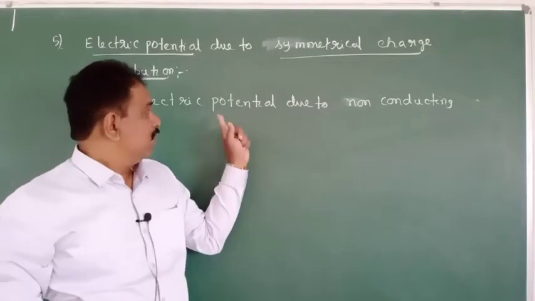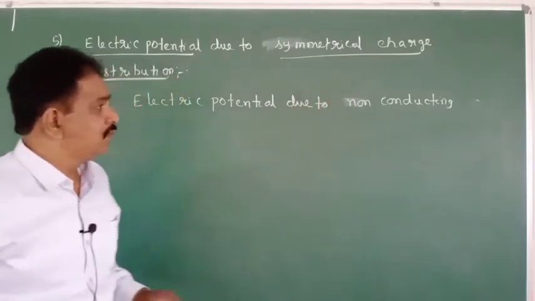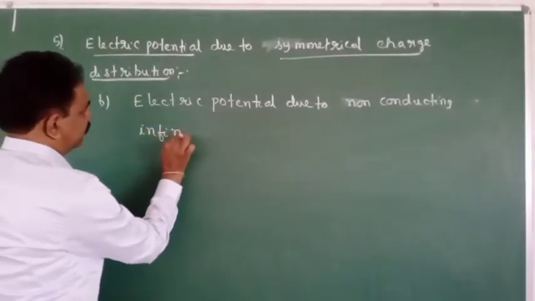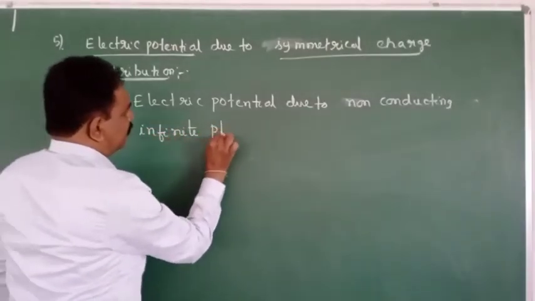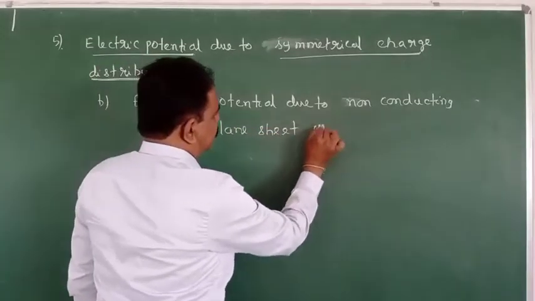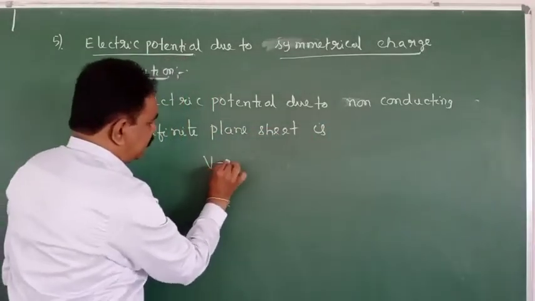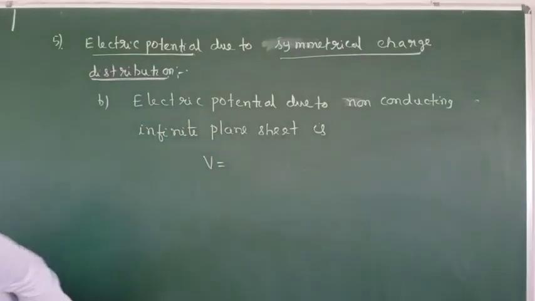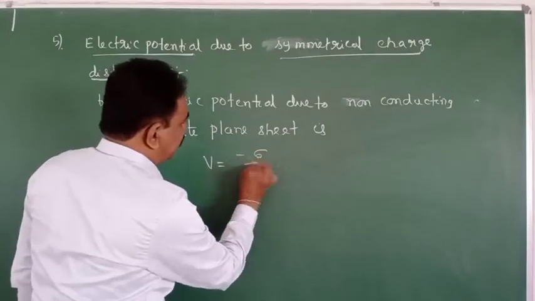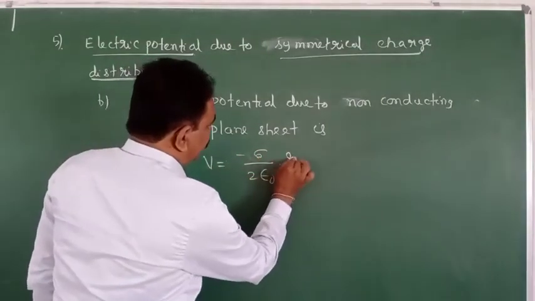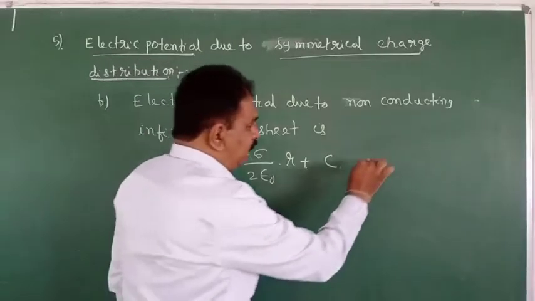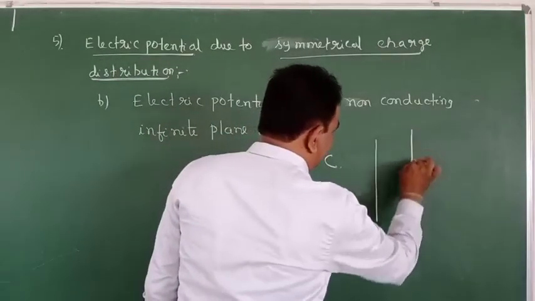Remember, electric potential due to a non-conducting infinite plane sheet is V is equal to minus sigma by 2 epsilon naught into R plus C. One infinite plane sheet is there like this.